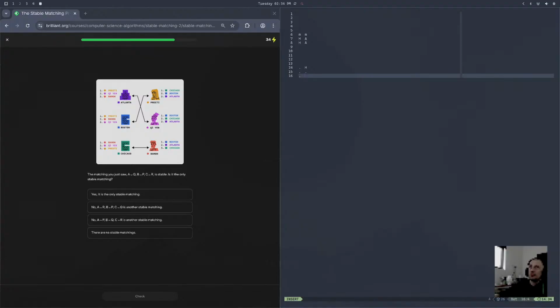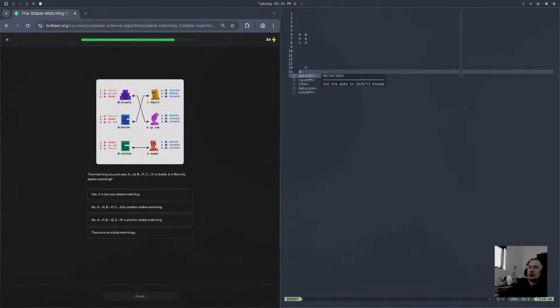So that would put Ramon with Boston and Peretti with Chicago. Boston would make him happy as well. So we got Chicago. Chicago gets Peretti, they're angry. Ramon here got Boston.